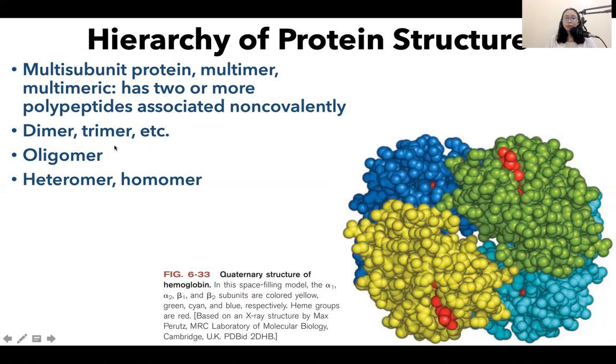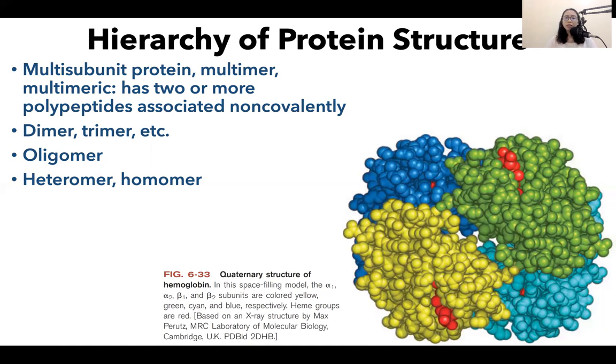If we say it's a dimer, then it means it has two polypeptide chains, trimer, three polypeptide chains. So hemoglobin is a tetramer. Now there are bigger proteins composed of more than four polypeptide chains. There are some proteins composed of eight polypeptide chains. Okay? In that case, we can call them oligomer.